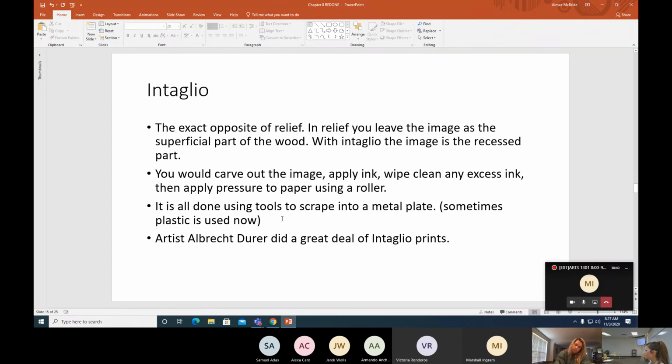So with intaglio prints, you're only going to get one color. So that means you only have to do one plate. So there's an advantage to that. You can also get a lot more detail with this one.